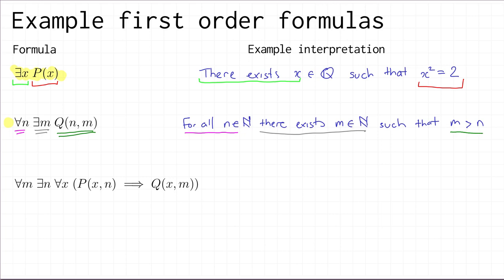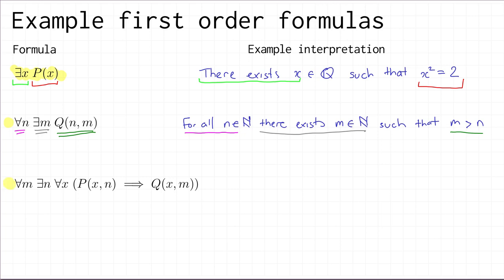So Q of n, m is saying that m is greater than n. So this is an interpretation of a first-order logical formula, and in fact the first-order formula is true in this interpretation. It is true that for every natural number n you can find a bigger natural number m. Natural numbers here just mean whole numbers which are not negative, so 0, 1, 2, 3, 4 and so on. Okay, let's look at the final example then.